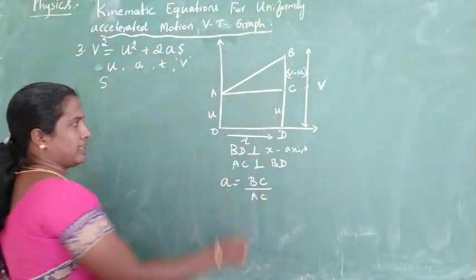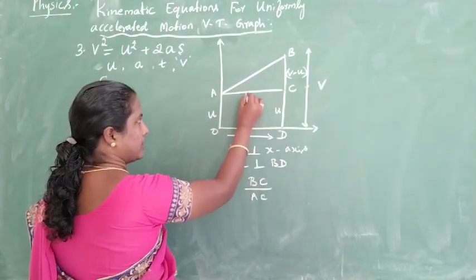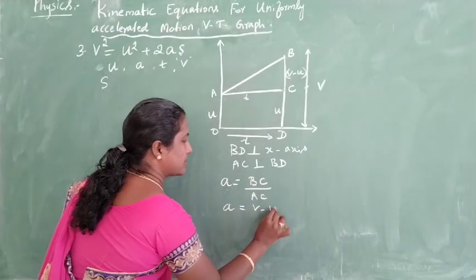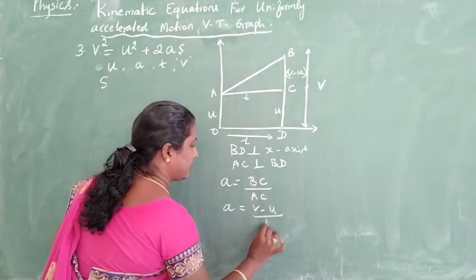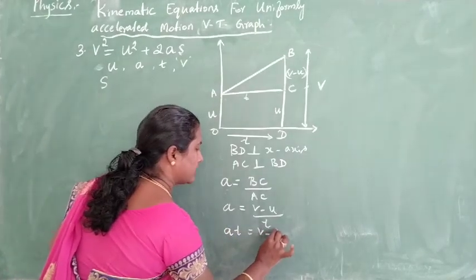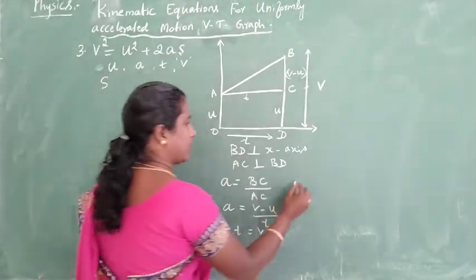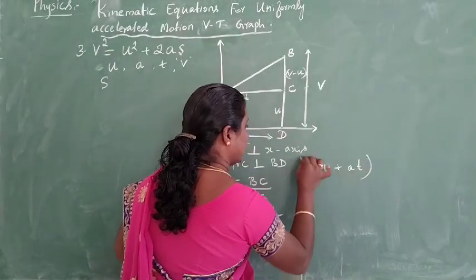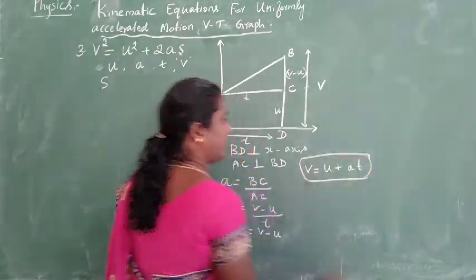What about AC? AC is parallel to OD, that is t. That means a is equal to v minus u by t. If you cross multiply, at is equal to v minus u. This equation can be rewritten as v is equal to u plus at. So this derivation we derived.